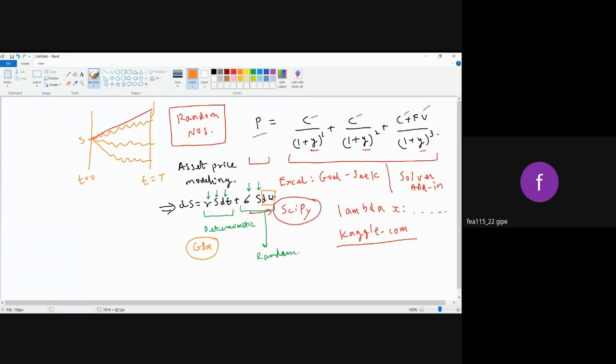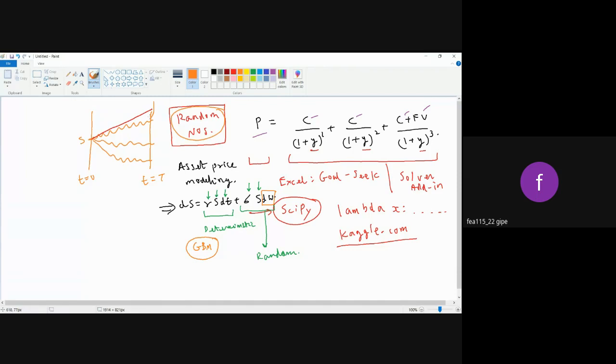So the wiggles which you see on these lines are nothing but the random component which is impacting my overall asset price path. And these are things whereby the concept of random numbers gets used in finance as well, in order to introduce randomness into the behavior of assets, because having certainty in an asset price path is very, very difficult.